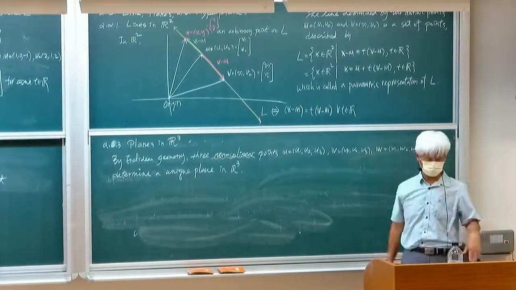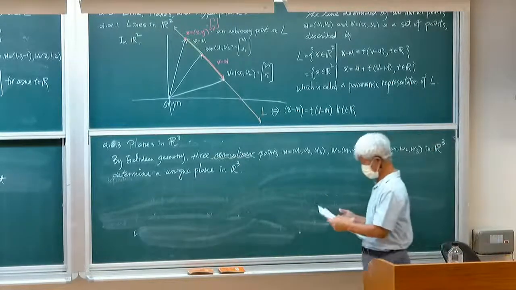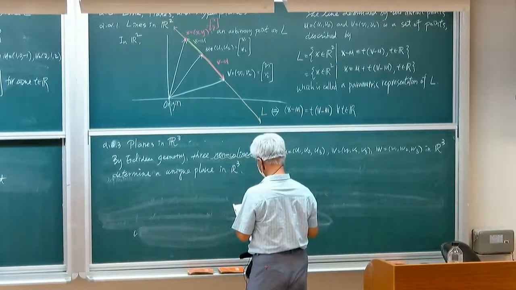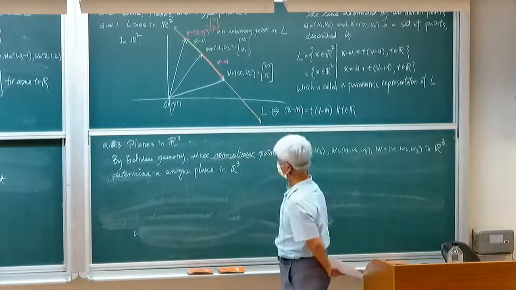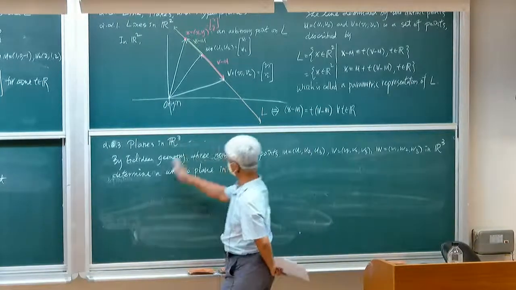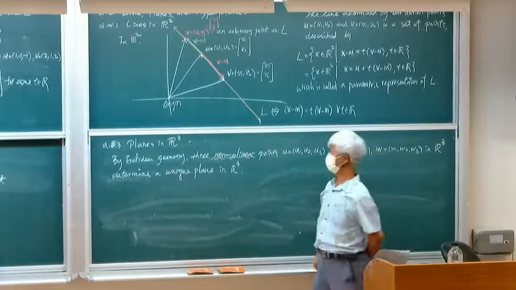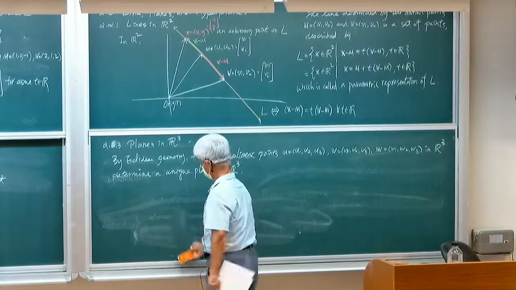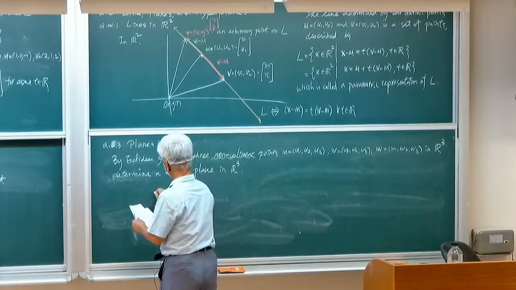Three non-collinear points. All right, so we think about we are in the three-dimensional space, and we have three points.